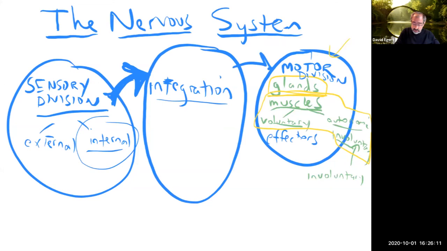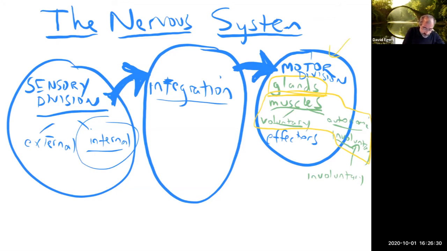And then there's usually some kind of response. So when we think about the nervous system, these are the three main parts, and we're going to be looking at all of them.